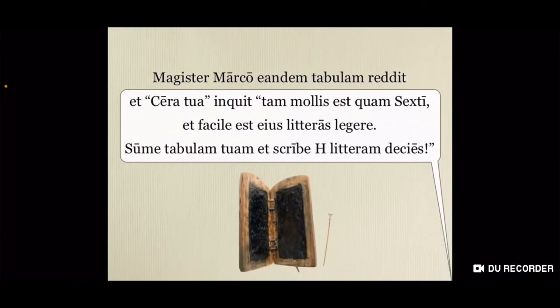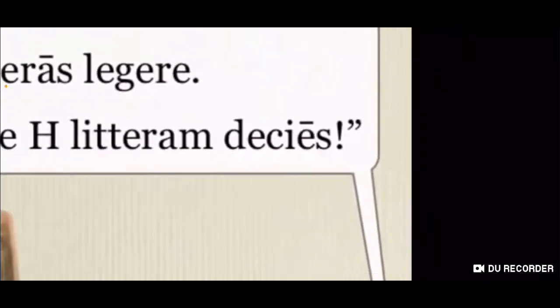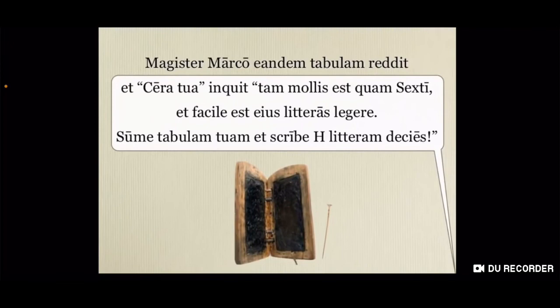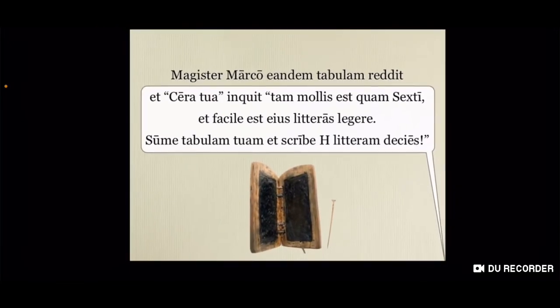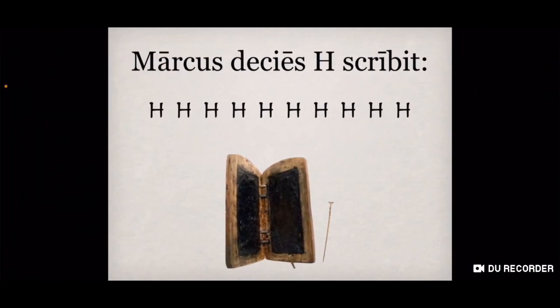Sume tabulam tuam et scribe ha litteram decies. Pick up your tablet and write the letter H, ha, 10 times. And decies, when you see that ES at the end of your numbers, you know what I mean? Times. Something times. Marcus decies ha scribit. Marcus writes H 10 times.